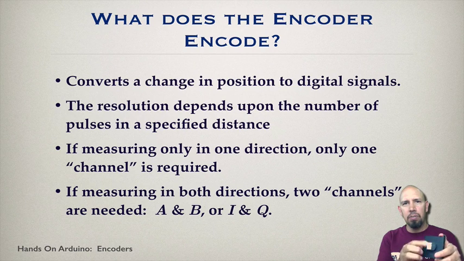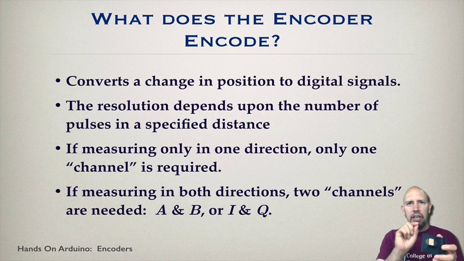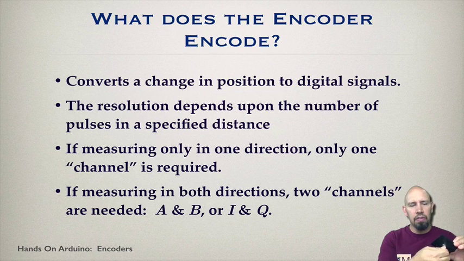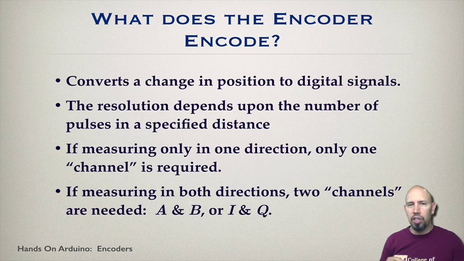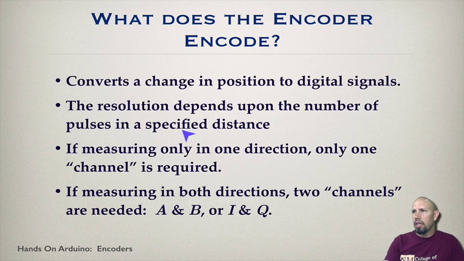So that's even more precise. For one full revolution, you get 1,000 pulses, so the distance in between each pulse is much smaller than the one that has 44 pulses per revolution. So the resolution depends on the number of pulses in a specified distance.